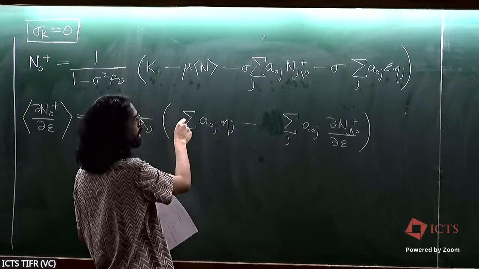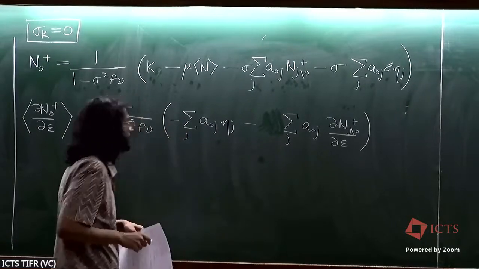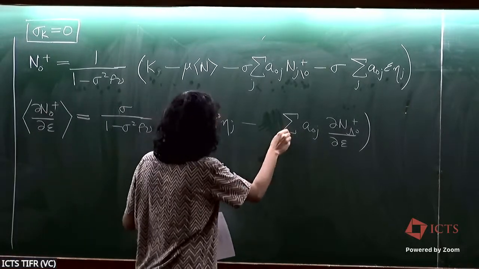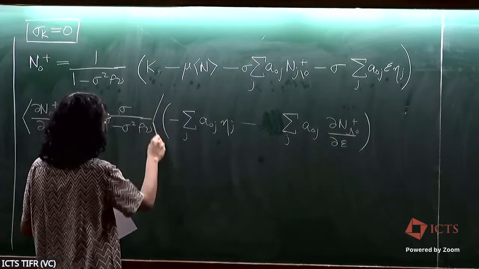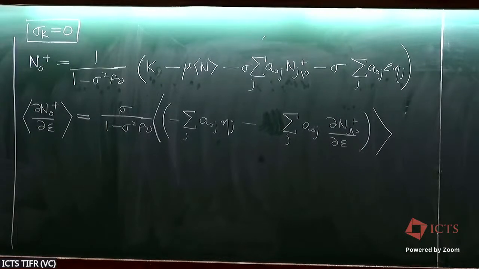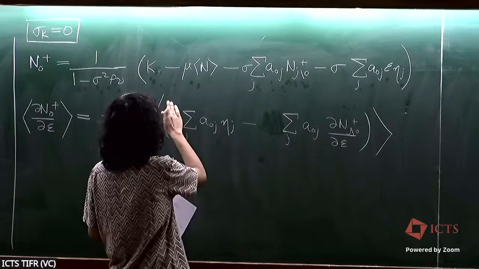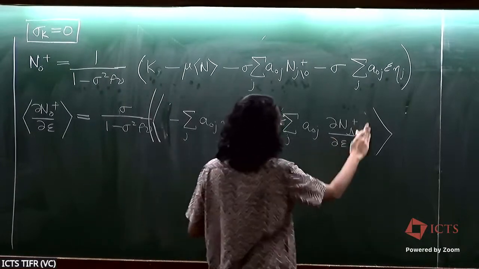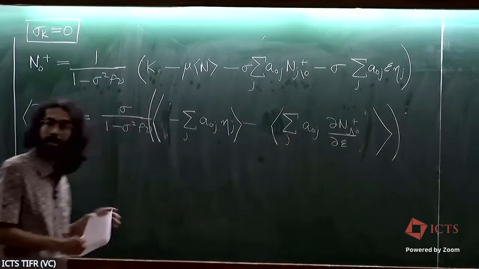There's a minus sign here, right? Is this fine? Okay. And now, of course, I forgot one most important thing. I was taking the first moment, so I'll just take the first moment. This first moment involves actually two things. I can look at them separately.